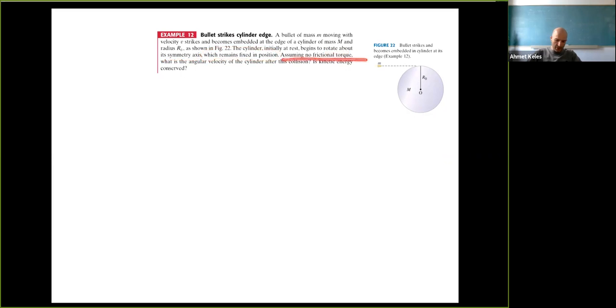Assuming no frictional torque, what is the angular velocity of the cylinder after this collision? And is the kinetic energy conserved? Maybe we can think about all the conservation laws. First, let's start with linear momentum.